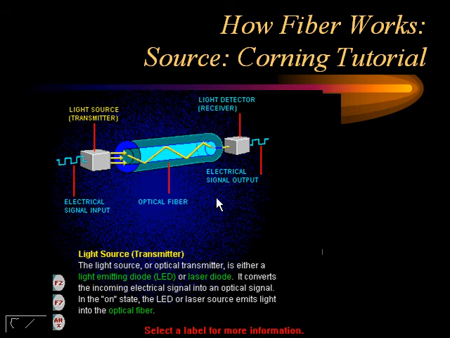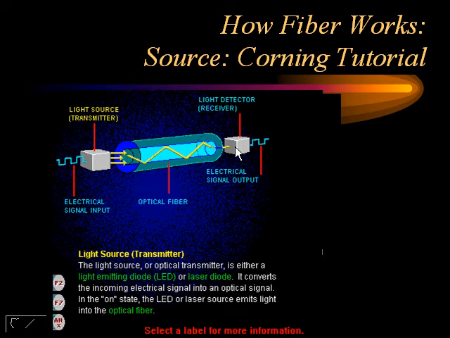Here is an example that shows the two devices that were discussed in the earlier case. One of the devices is the light source or the transmitter, where the electrical signal input is converted from electronic signals to optical signals. The optical signals then travel along the path of the fiber to the receiver.